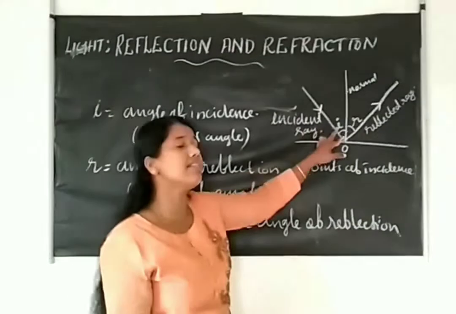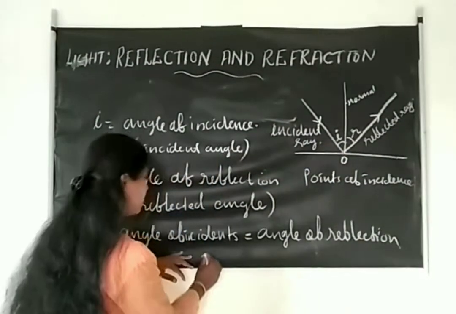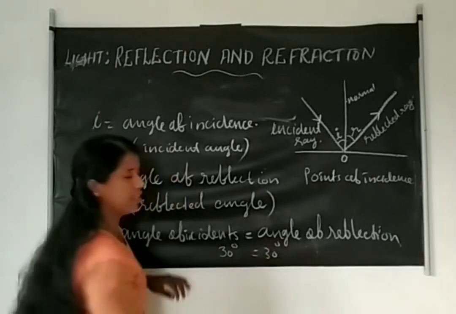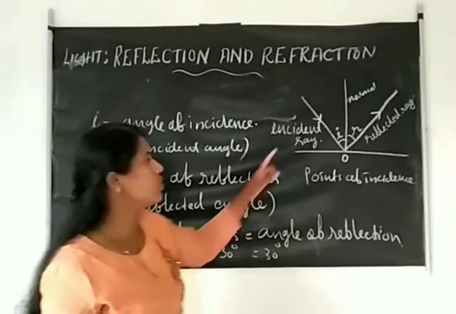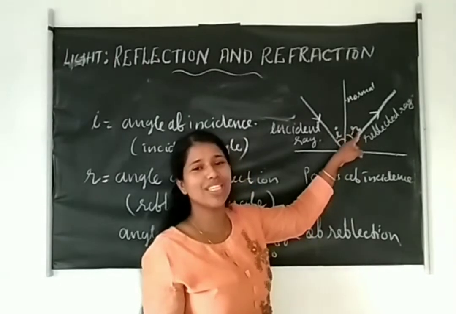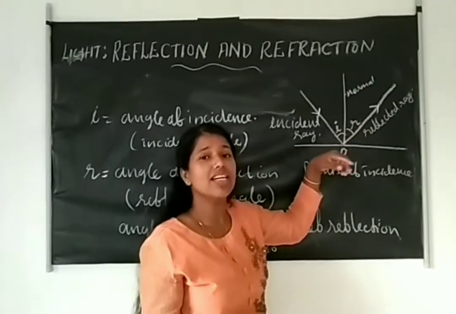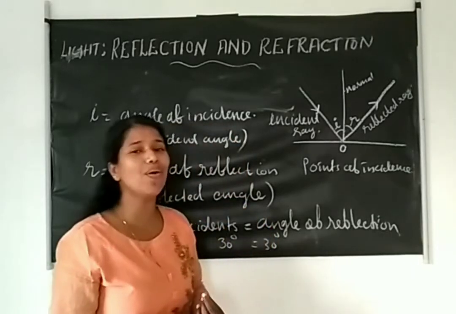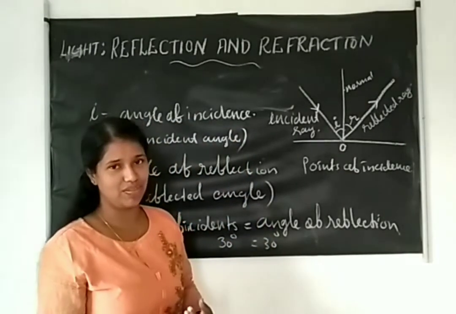For example, if the angle of incidence is 30 degrees, then this is also 30. Maybe it is 40, then this is also 40. That's the second law of reflection: angle of incidence is equal to angle of reflection.